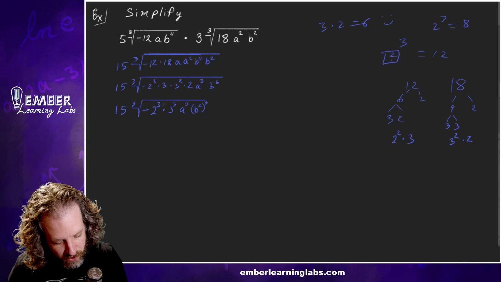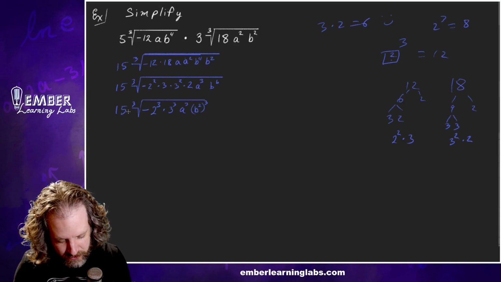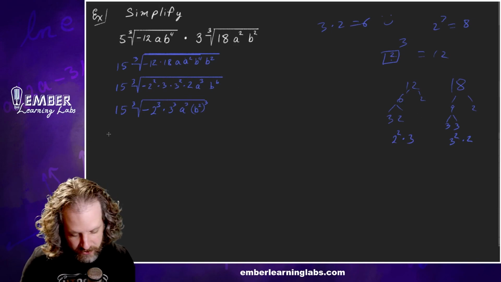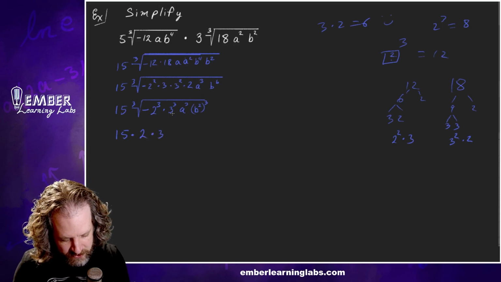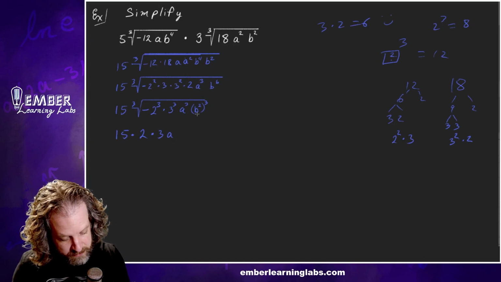Okay, so all of these cubes cancel with the cube root, right? And so this will turn into 15 times 2 times 3, that's 2 and 3, times a times b squared.